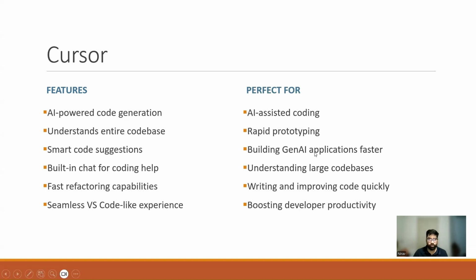If you want to do some POC or prototyping very quickly, you should go for Cursor, because it provides many features which are helpful for executing your code faster and better. So nowadays many developers and companies are using Cursor for GenAI development.